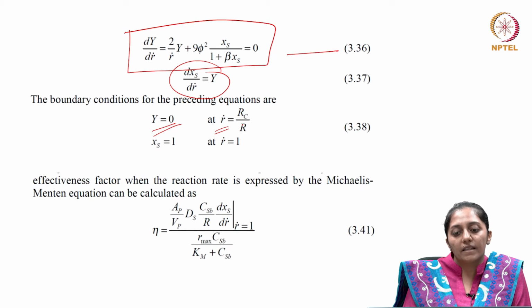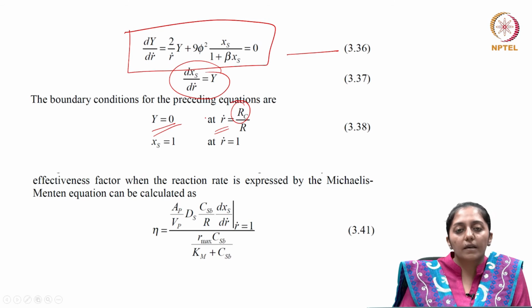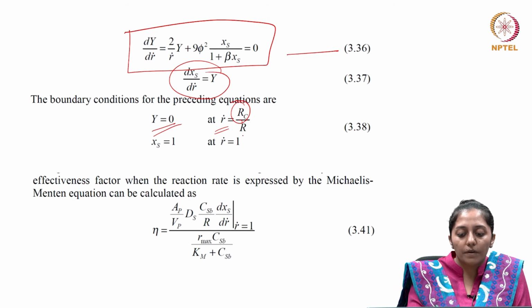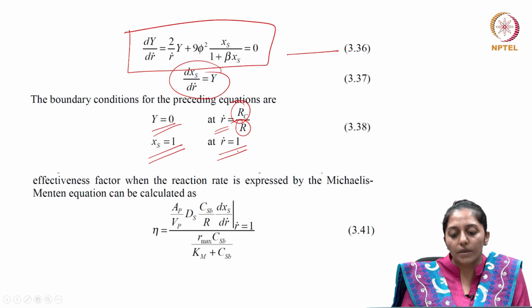Let us assume that there is a critical radius beyond which the substrate is not able to diffuse in. So, it is bounded. Your r dot then in that case becomes Rc, which is the critical radius, by R, the total radius of the pellet. And at xs equal to 1, which means at the surface where the substrate concentration is equal to the bulk concentration, r dot value is 1.